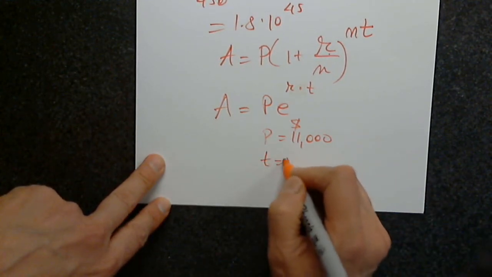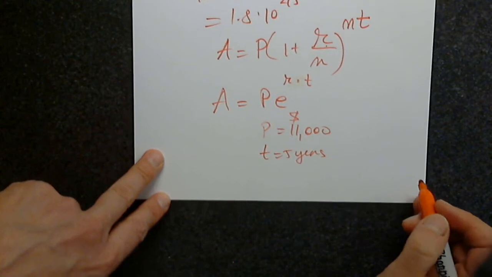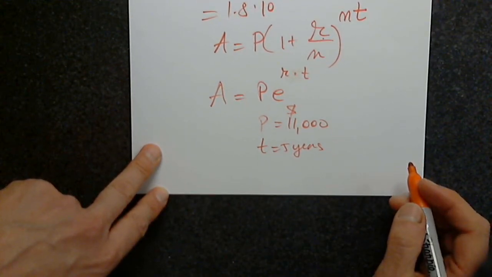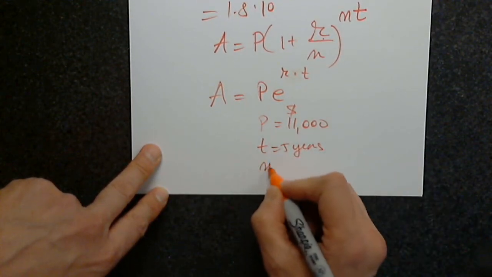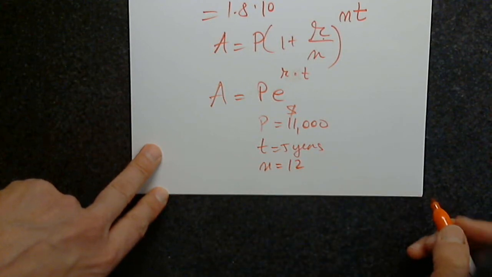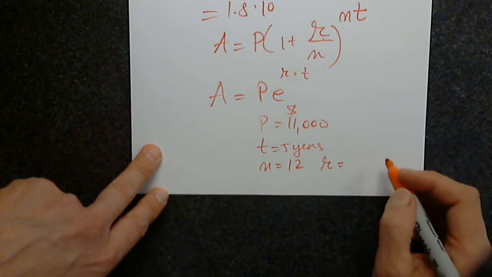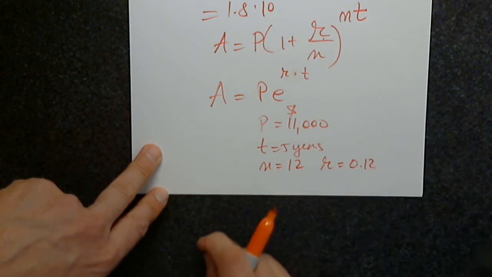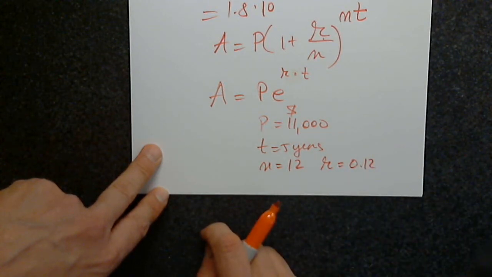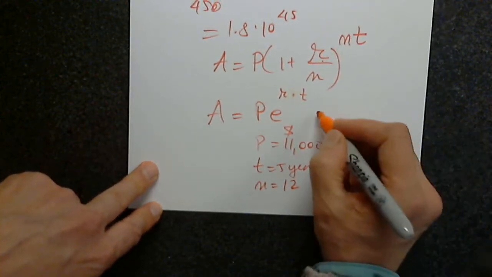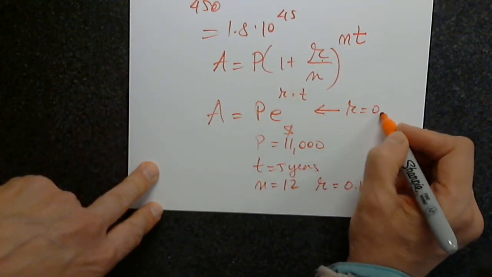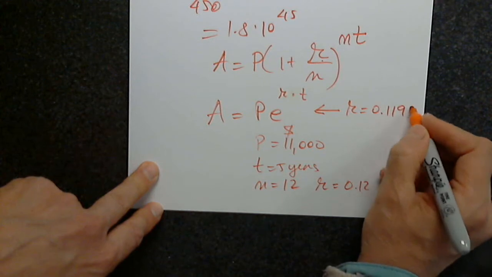We are given t, which is 5 years. We are given compounded monthly, so n equals 12. And r, for the first one, is 12%, 0.12. For the continuously compounded one, r equals 0.1191.